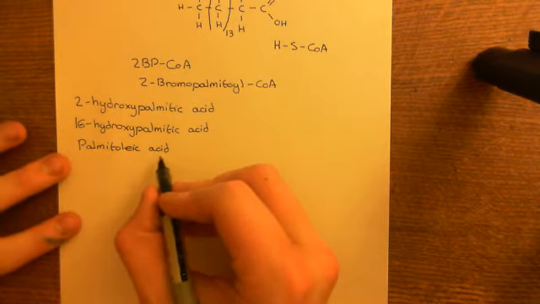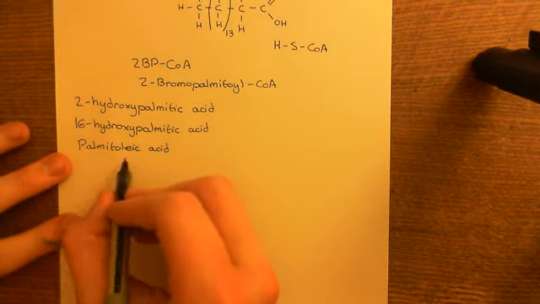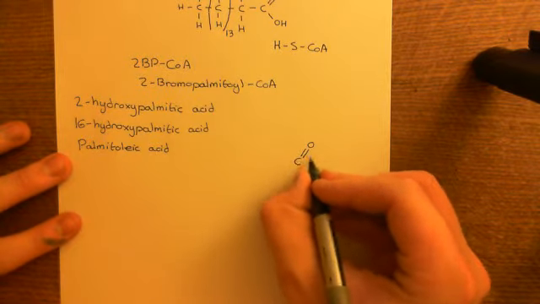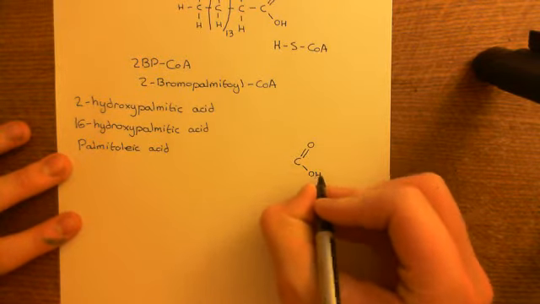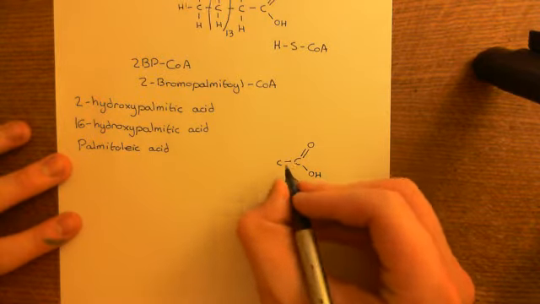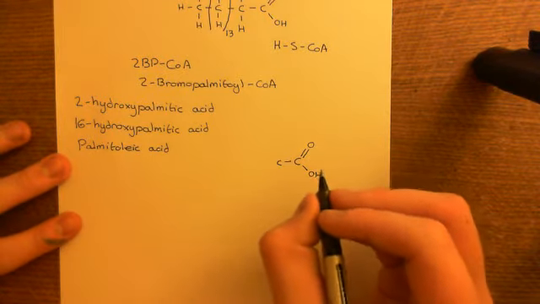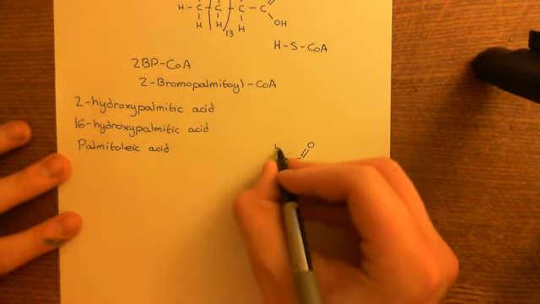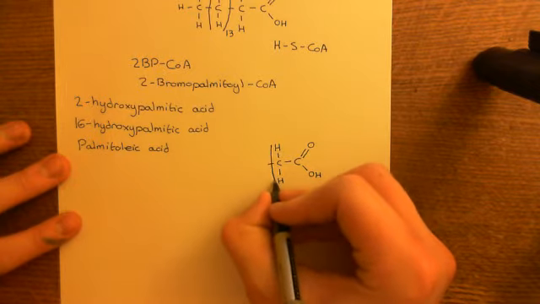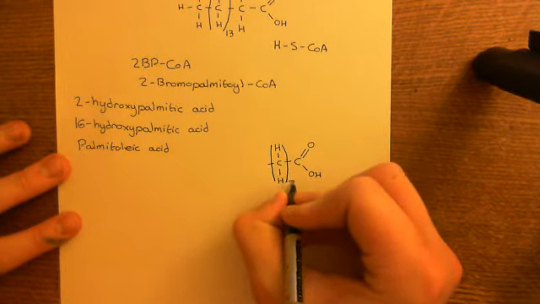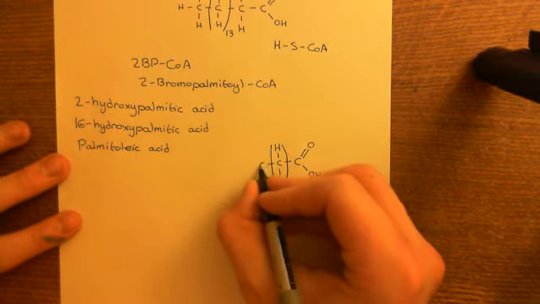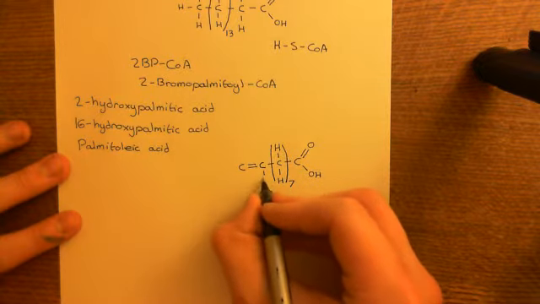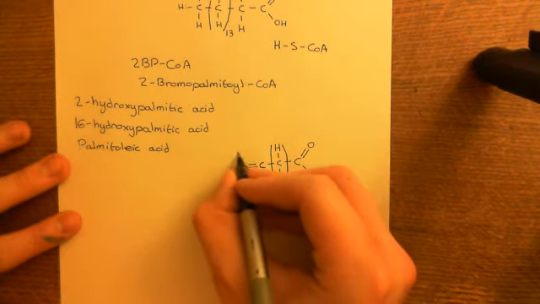Now let me just show you the structure of palmitoleic acid. Okay, so again it's a 16-carbon carboxylic acid, but this time it's got a double bond, and this double bond is going to be between the 9th and the 10th carbon of the carboxylic acid molecule. Okay, so we can go up to carbon 8 then, so I'll put a methylene group here, and then if I put 7 there, then that takes us up to the 8th carbon. Then here is the 9th carbon. We want a double bond between the 9th and the 10th carbon, so put 1 hydrogen off each of these carbons.